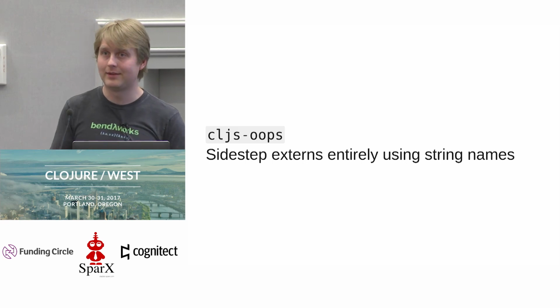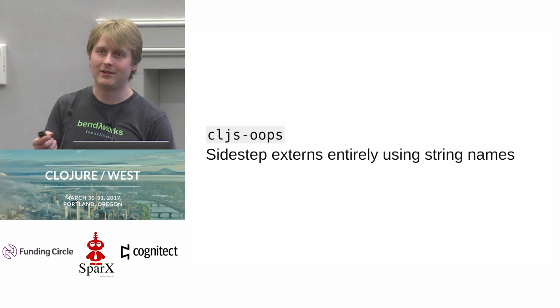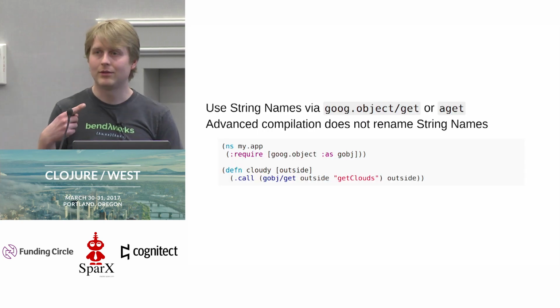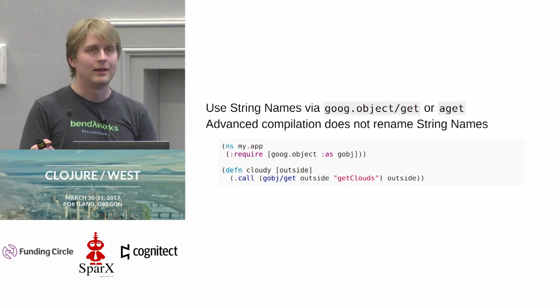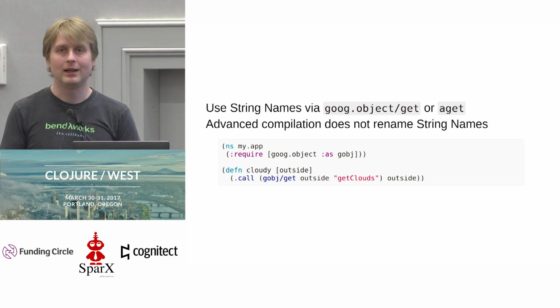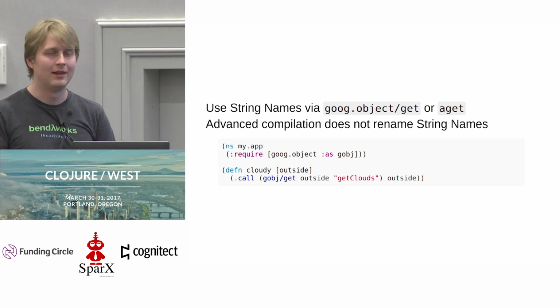And cljs-oops takes a different approach, saying we're going to sidestep externs inference altogether by using string names. The idea is to use string names via Google object get or aget. Advanced compilation does not touch string names, so it just leaves them alone, and all compiling options work with string names.